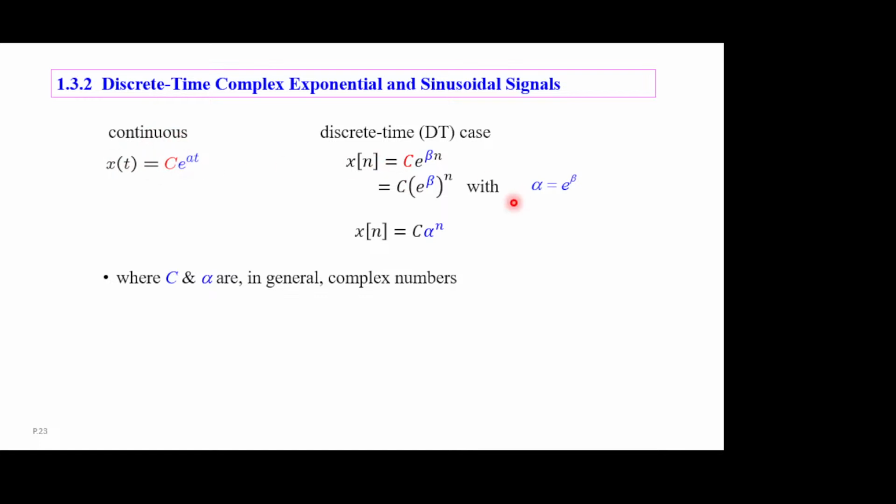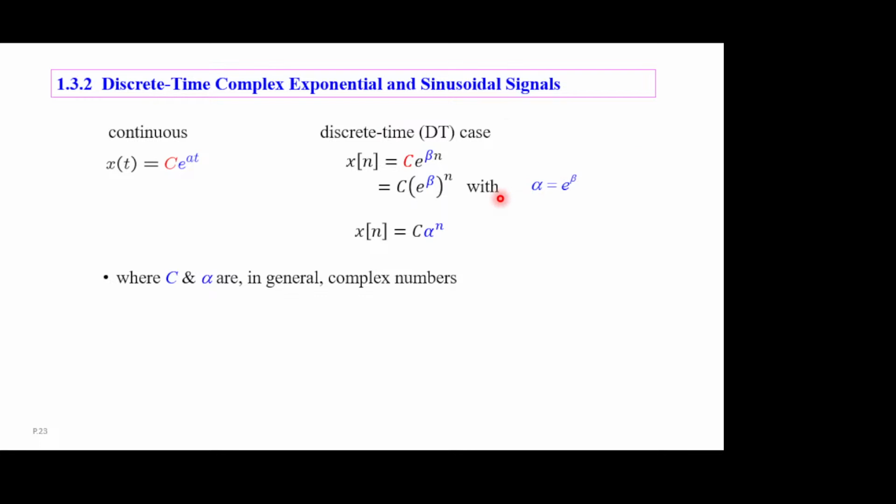And for discrete time, we change the notation a little bit, so we have x of n equal to c e to the beta n. And we do something that we would like to do a lot when we talk about discrete signals. That is, we will group this e to the beta and call it another name.